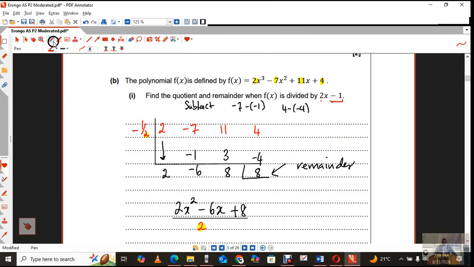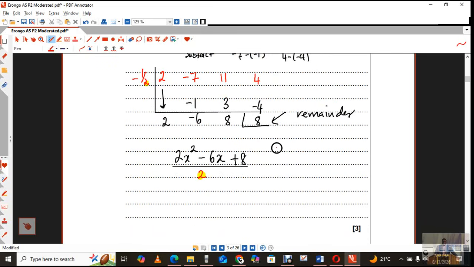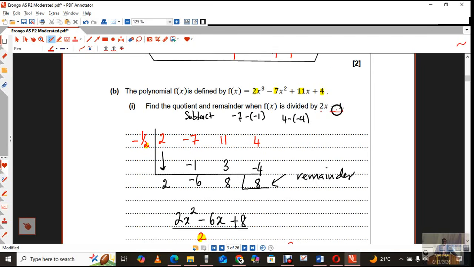So if I do that, this is obviously going to now give me a very nice answer, which is x squared, so this 2 goes into there, minus 3x plus 4, and then you have a remainder, and the remainder, I'm going to write the remainder as plus, because it's a positive, I'm going to put it 8 all over that 2x minus 1, what you were dividing with originally.